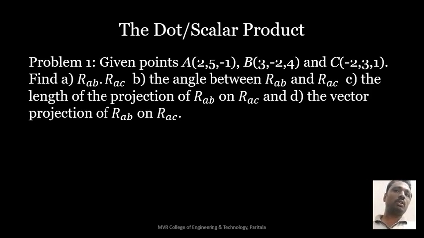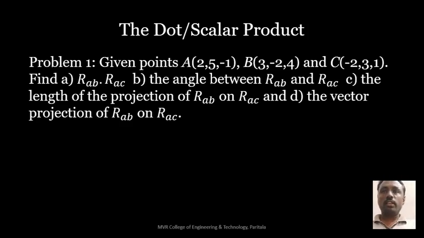If you multiply that unit vector with the length of projection, we get the vector projection of RAB on RAC. This is the way this problem can be done. So try this problem at home, otherwise I will show it in the next video.